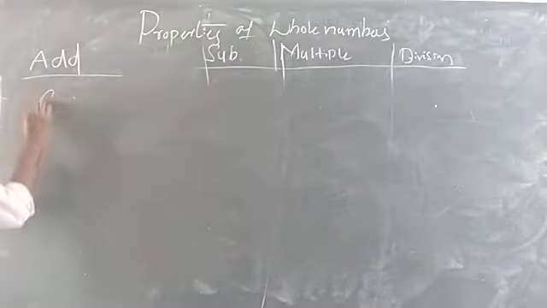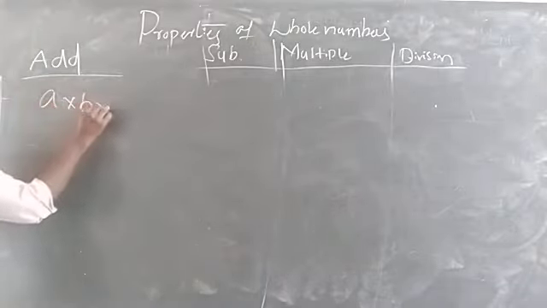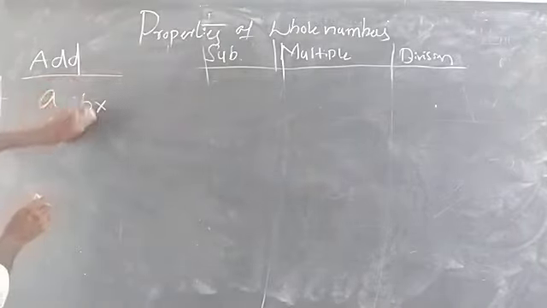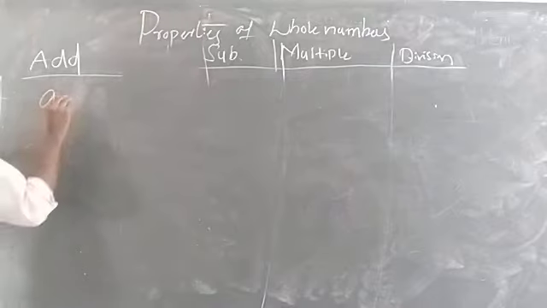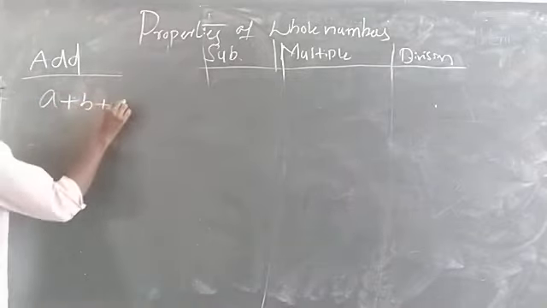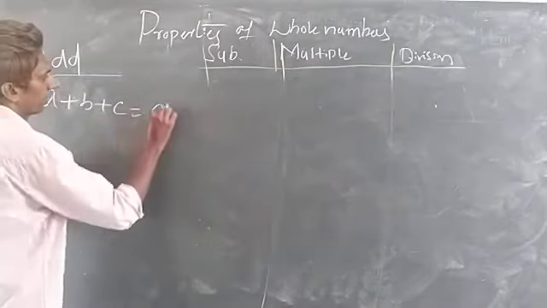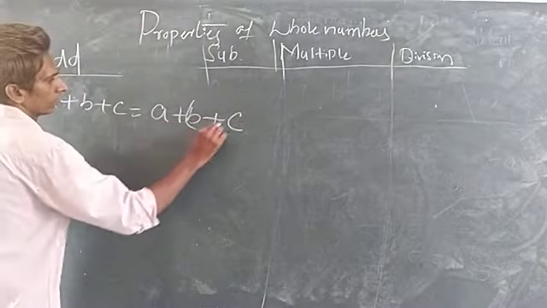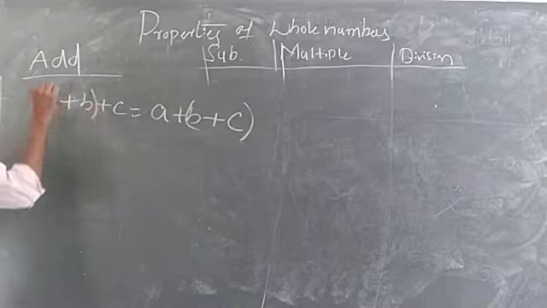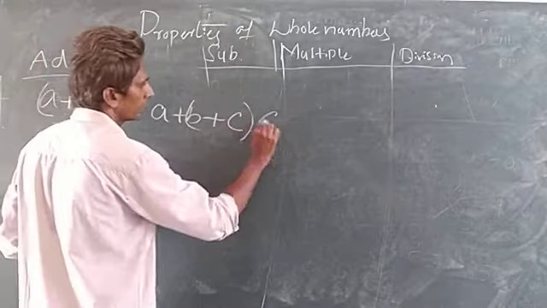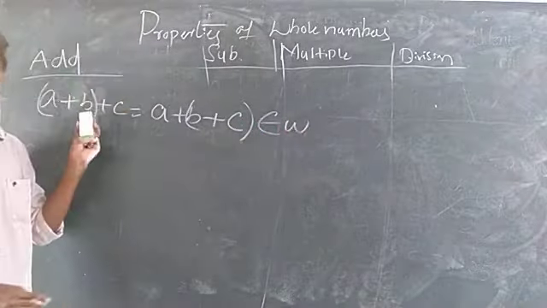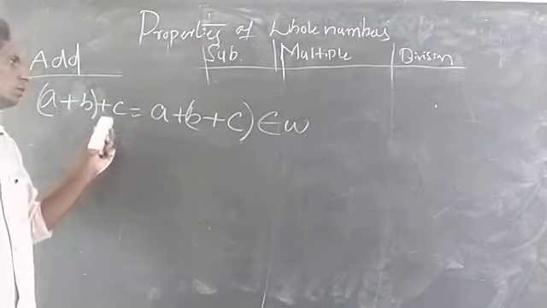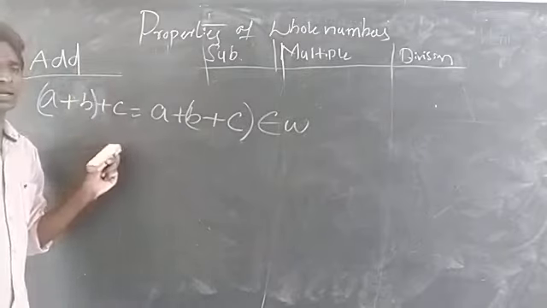Let us see. A plus B plus C is equal to A plus B plus C. The first two values in brackets, the last two in brackets, belong to W. So this is the associative law under addition.